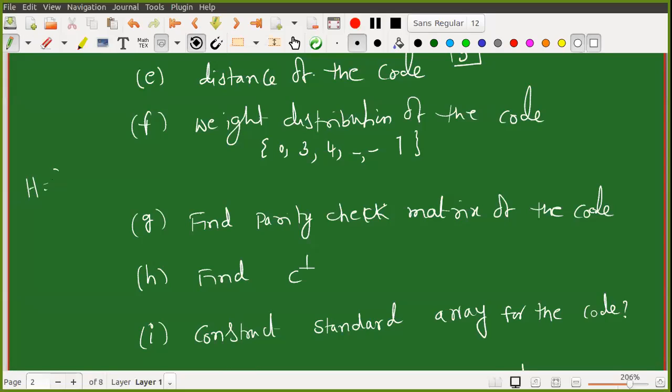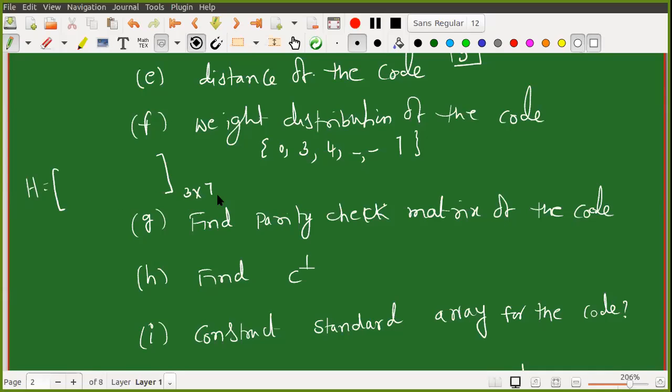Can you tell me first what is the size of the matrix? 3 by 7. Because the generator matrix of the code is k by 7, then the parity check matrix size is n minus k by 7. Okay. Now forget about G and all.